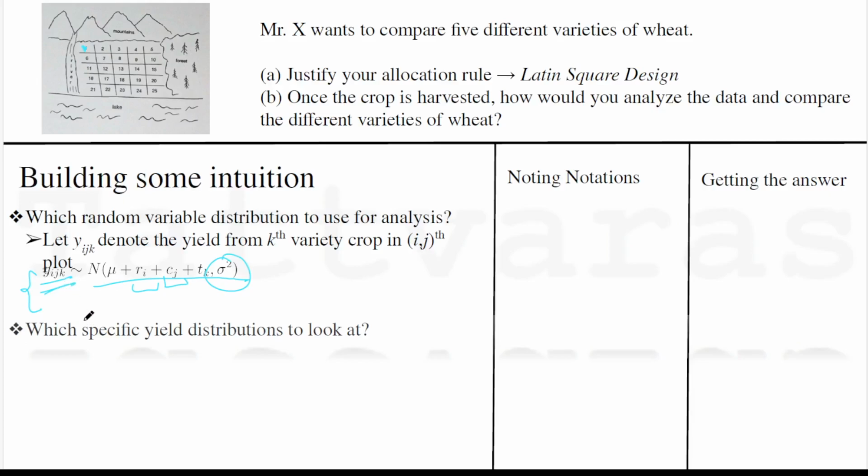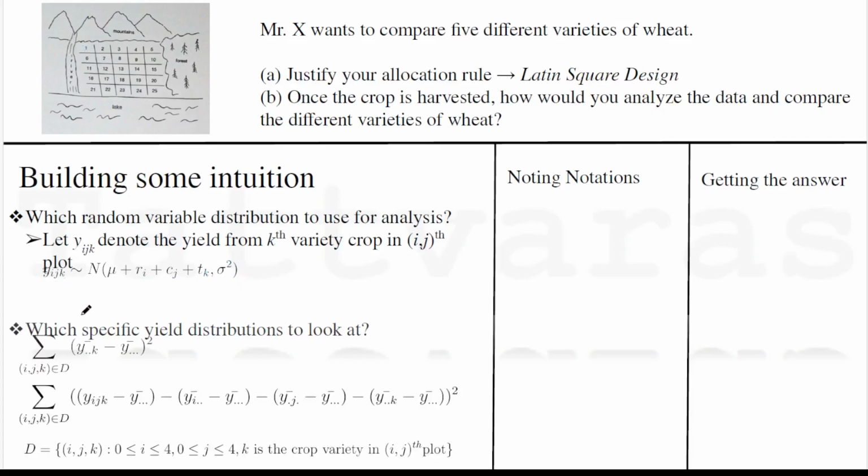We want to cut down to what we really need. And if you are familiar with the way design of experiments works, this is the next step. We would have this as the variation coming from the treatments, which in this case are the crop varieties. And this would be, you can see, like eliminating the other things, the errors, so to speak.